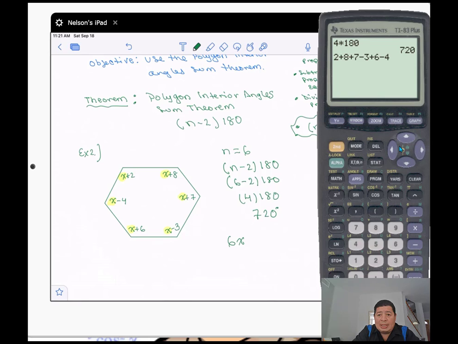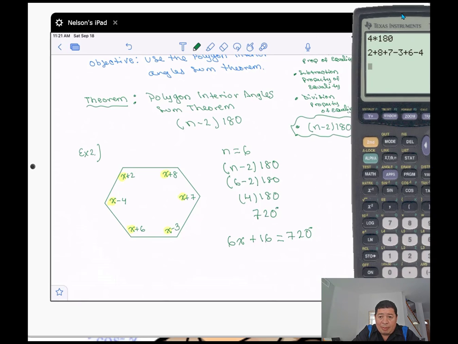So 2, 8, 7, negative 3, 6, and negative 4. I have 6 numbers. That looks good. I'm going to press enter. And so I'm going to end up with 16. And this over here is going to equal 720 degrees.